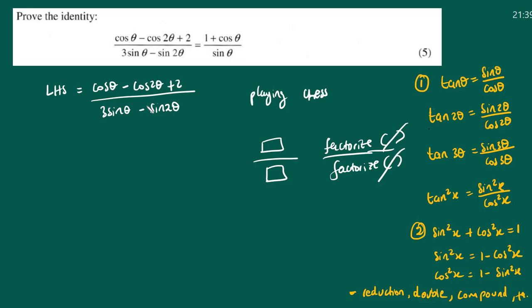We must factorize. But how do you factorize? That is the question now. How do I put things such that I'm able to factorize them? There are 2 ways. You understand me? When you are factorizing, there are 2 ways. You can either have this situation. I'm going to write it in terms of letters.